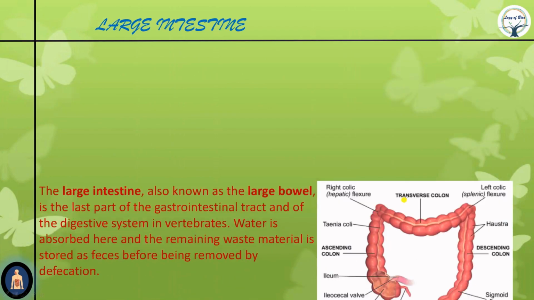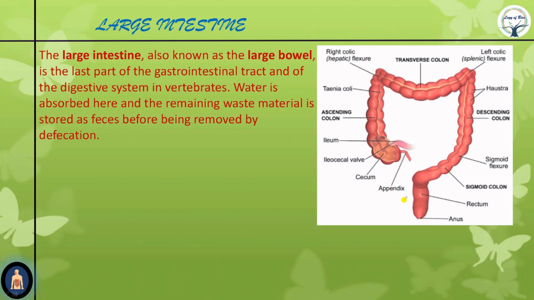Okay. So next is the large intestine or large bowel. It is called large due to the diameter, not length. So this ileum, or last part of the small intestine, opens into the place known as cecum. Cecum is a pouch-like structure, and there is an ileocecal valve.